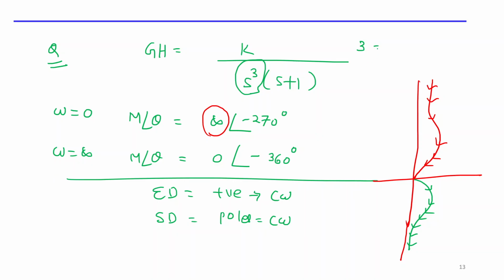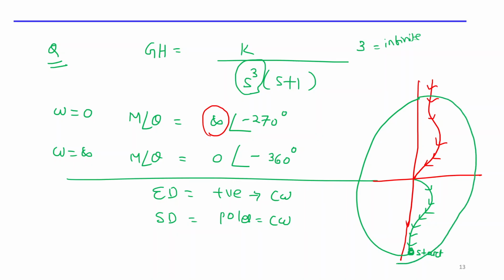So there are 3 infinite radius half circles. Let me draw how these infinite radius half circles go. You start from here, make one infinite radius half circle, then another, then another, and end here where you started.